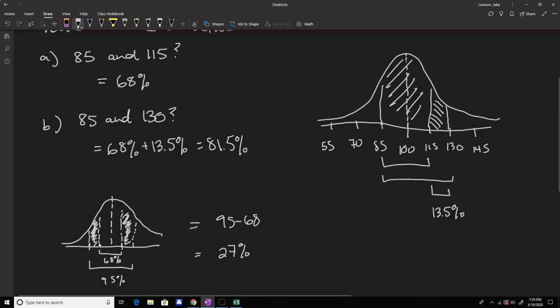So that's what I mean with these symmetry arguments. If you know what you have on either side, then you can divide by 2 and get each one of these sections. So we can actually figure out all different parts of the normal distribution if we wanted to. So maybe that's worth looking at. Let's try to figure that out.